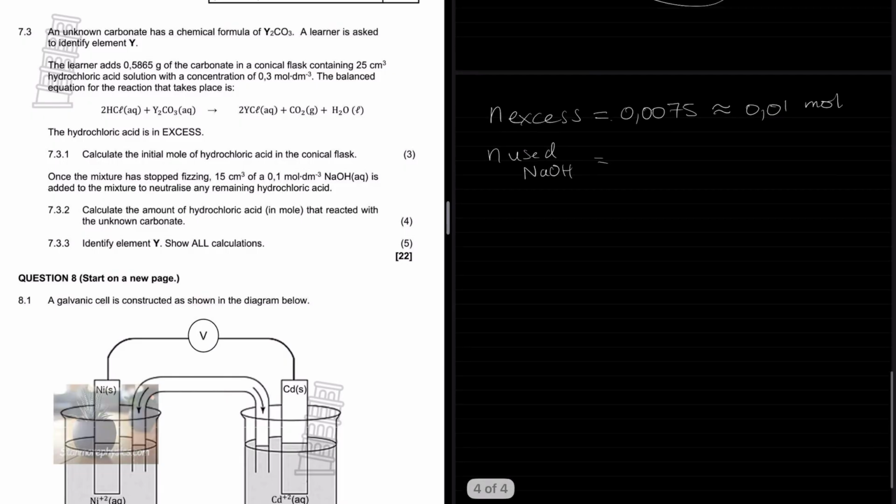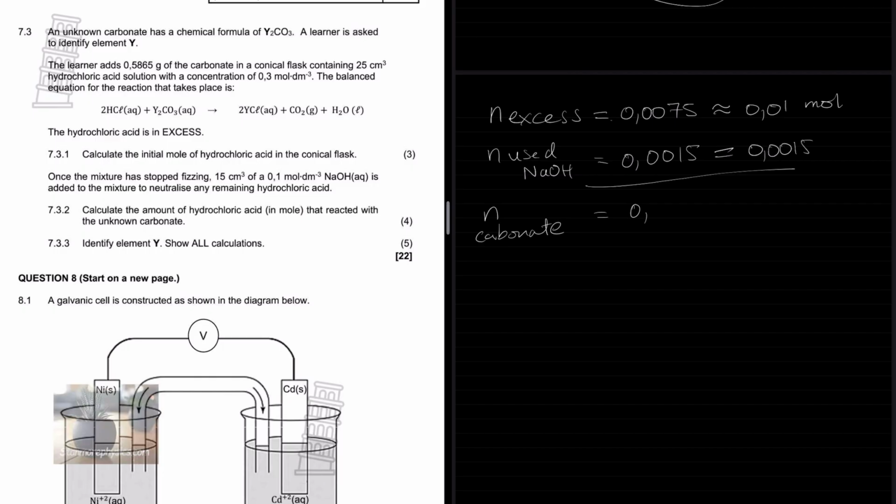So if we keep this as 0.0015, but we subtract this to get the number of moles that reacted with the carbonate: 0.01 minus 0.0015, that gives you 0.0085.